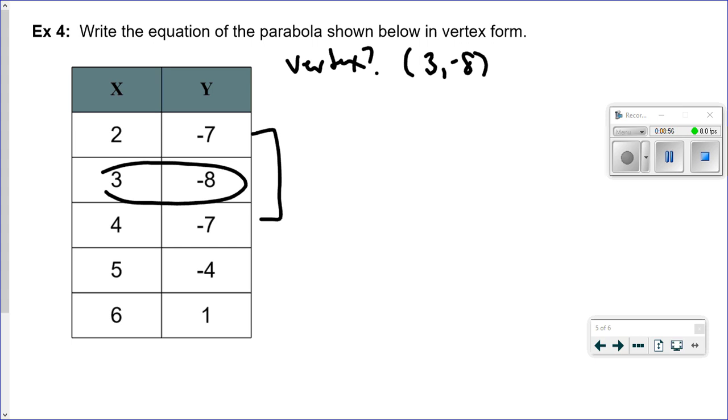So I've got a negative 7 on one side, I got a negative 7 on the other side. I know that that middle value is the axis of symmetry. That is my vertex. I could extend my pattern without doing any math. So I know that if I did x equals 1, y would be negative 4. X equals 0, y would be 1 because I'm repeating the pattern without stopping to work at it.